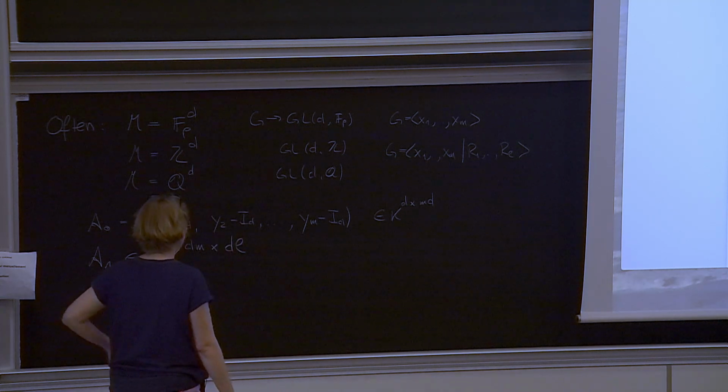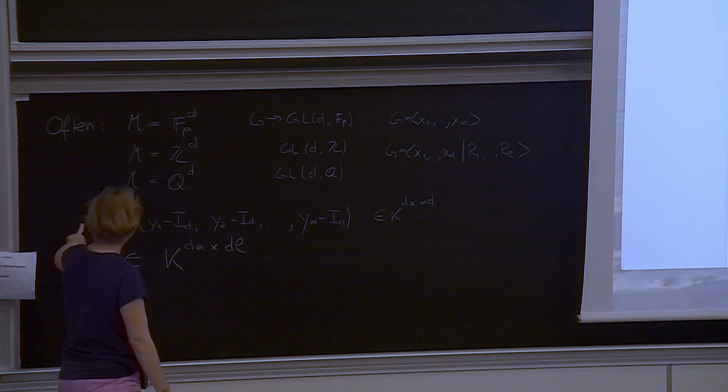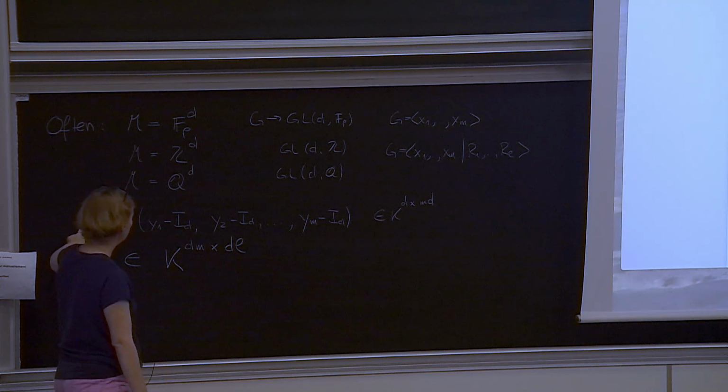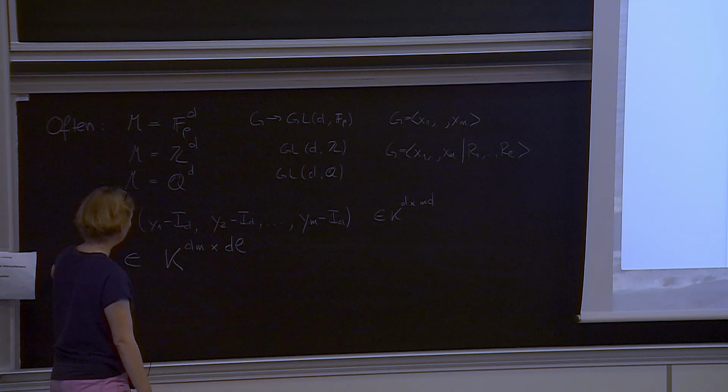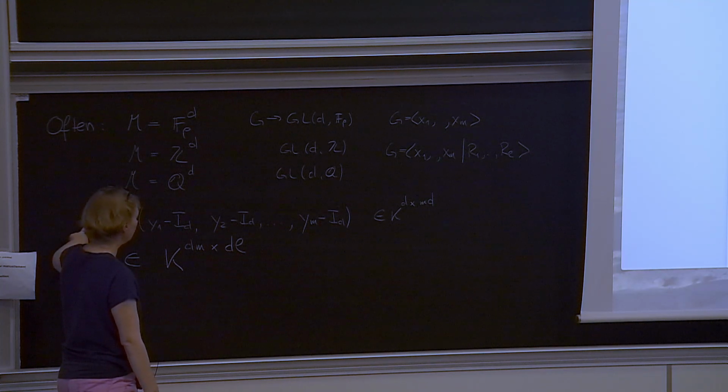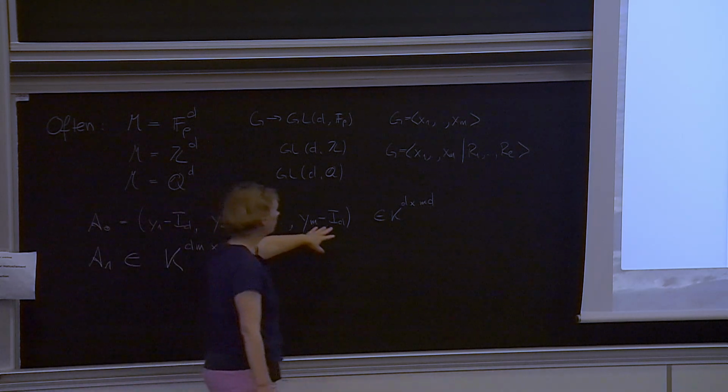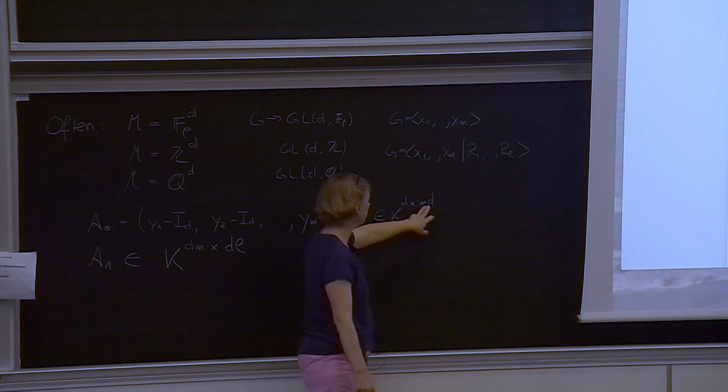Okay, now I have A0, and Z1 can be interpreted as the kernel of A1. And B1 can, in fact, be interpreted then as the image of A0. So the image of A0 will be something of dimension m times d.